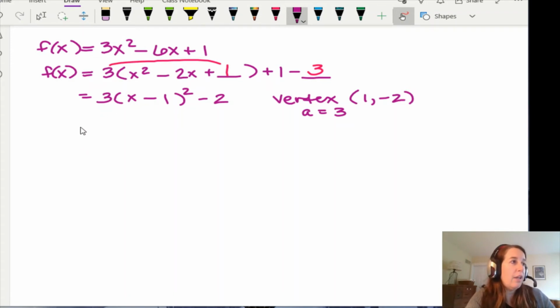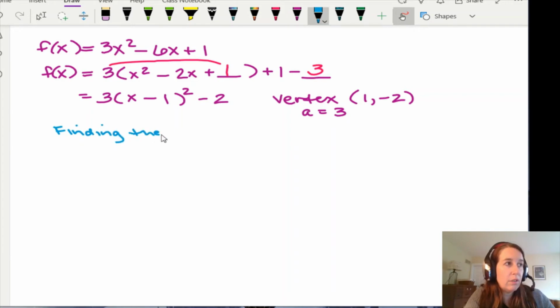Okay, another way to find the vertex of an equation from standard form is to use the equation h equals -b over 2a.